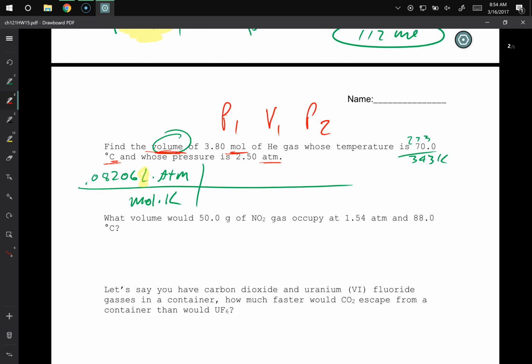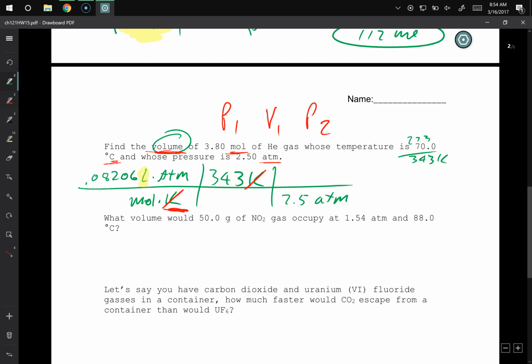So I'm going to take 343 Kelvin and put that in the numerator. Why? Because I need to cancel that Kelvin unit out right there. What else do I got? I have 2.5 atm.